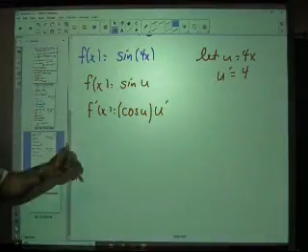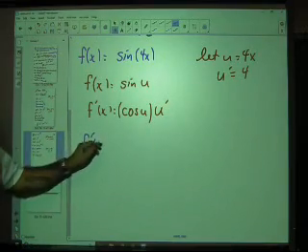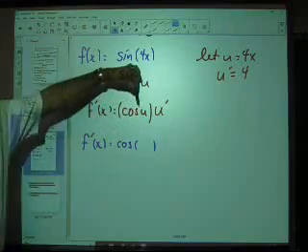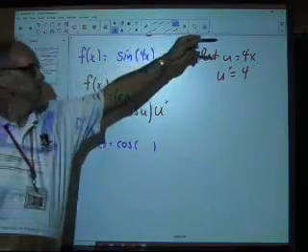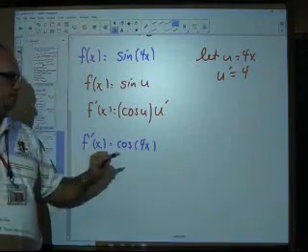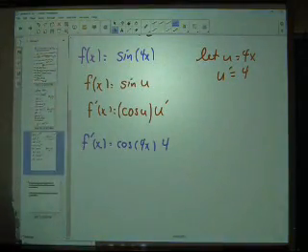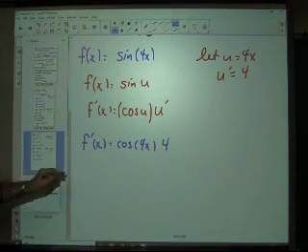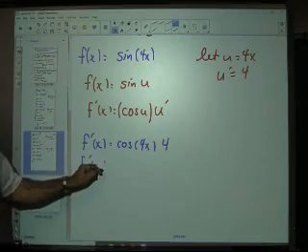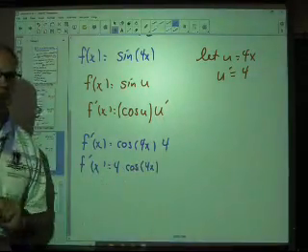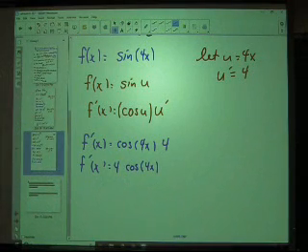So now let's resubstitute. So the derivative is now the cosine, but what is u? 4x. What is u prime? And so then to write it in a more formalized math version, we're going to say that the derivative is 4 times the cosine of 4x. Just like that. Do we understand?